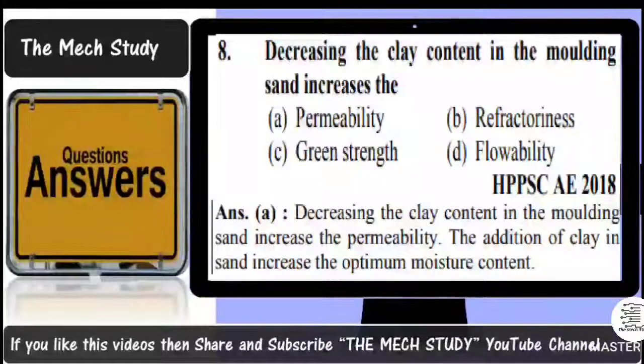Green strength, refractiveness and permeability are properties of sand without which we cannot achieve the particular product or pattern in the right way, because we need to retain all these properties to achieve the product in a proper way.